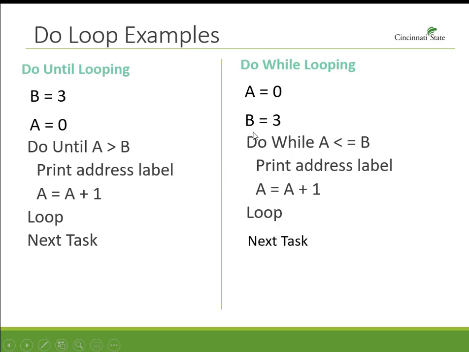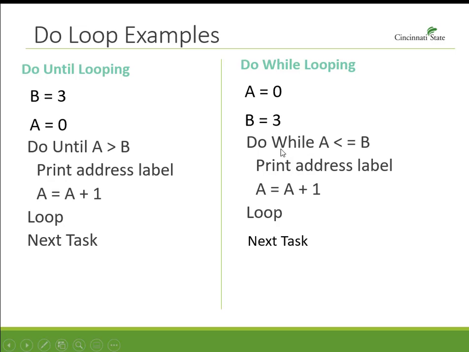So let's look at the do while. Same thing here, we have a variable called A, set to 0, B equals 3. Do while A is less than or equal to B, print your address label, increment your variable A by adding 1 to it, and continue to loop while this condition is met.